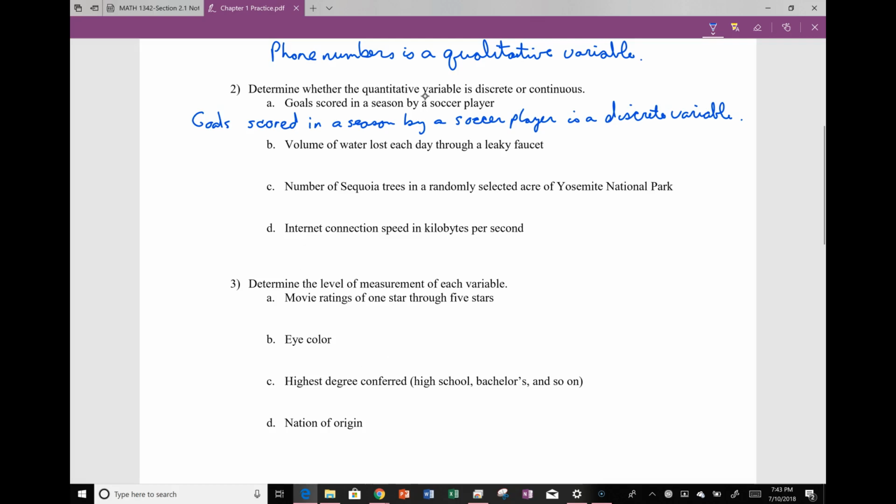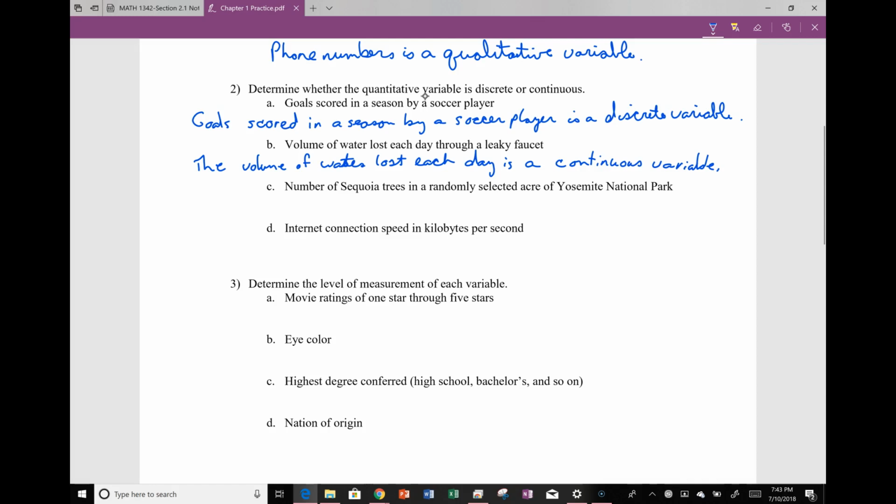So actually, the volume of water lost each day is a continuous variable. And so we want to look at these and be very specific if at all possible.